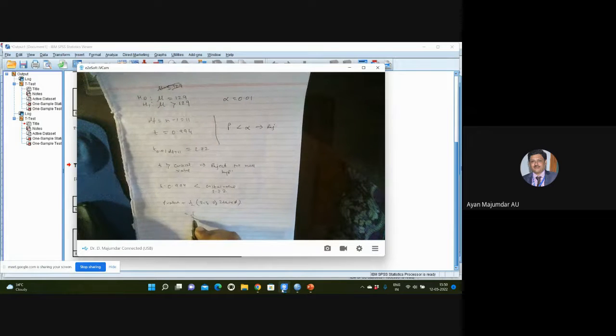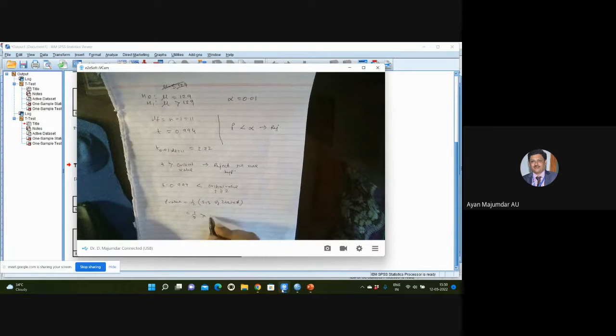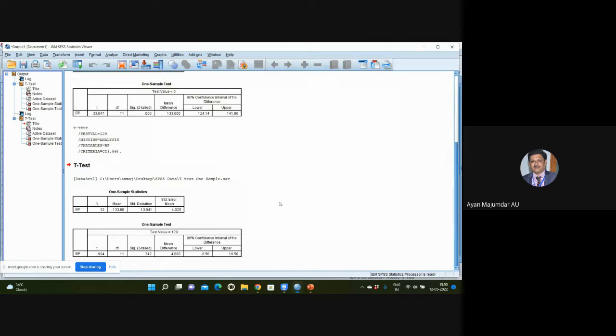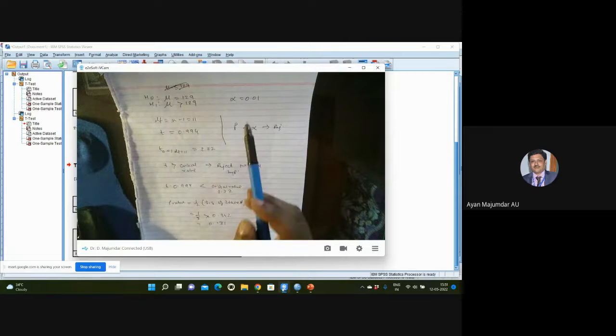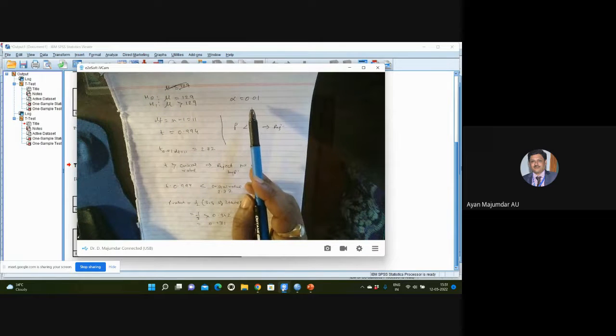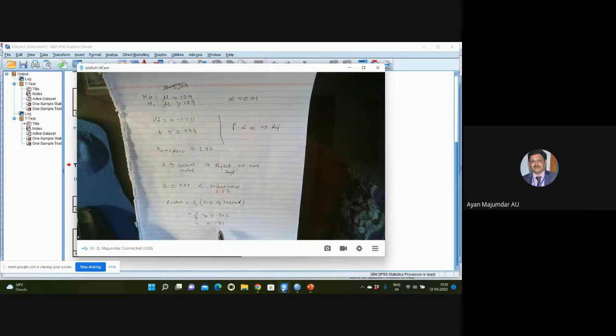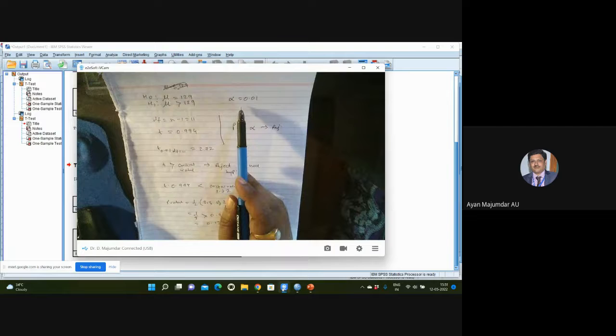So this value is 0.342. So half of that is 0.171. Now this is the p-value. If it is less than 0.01, we will reject the null hypothesis. But this value is more than 0.01.